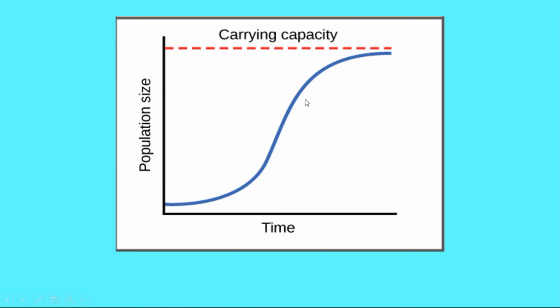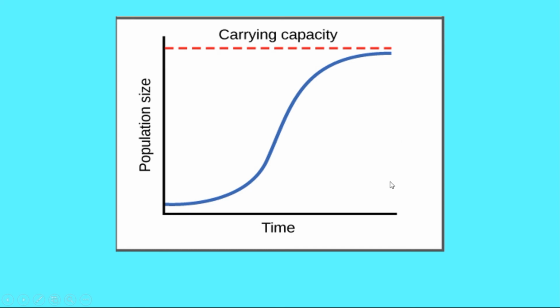But after some time, we notice that the graph begins to flatten out or level. This leveling occurs when the population reaches its carrying capacity, which simply means that the population cannot hold any more. The population ceases to grow.